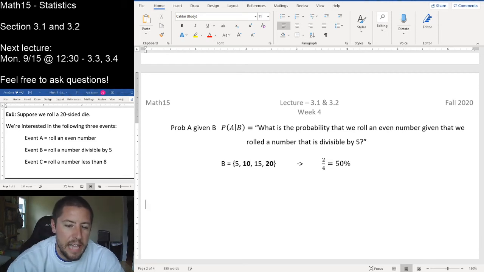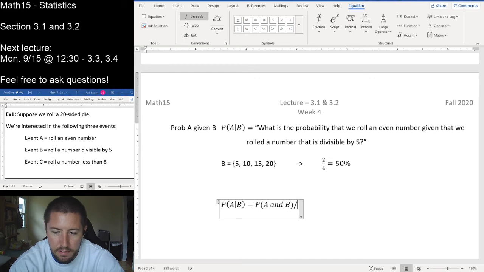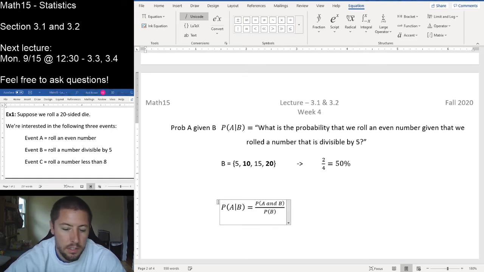Our other way to do this is actually using that formula right there, that Bayes formula that we're talking about. So in general, our formula for this is that A given B is going to be equal to the probability of A and B divided by the probability of our second part right there. This is going to be our probability of B. All right, and so we can do this directly as a computation.